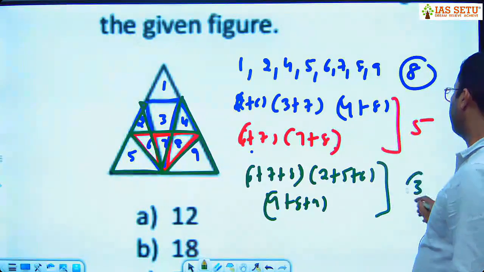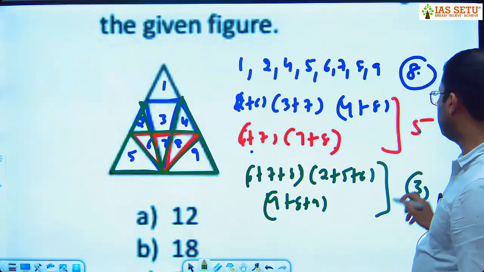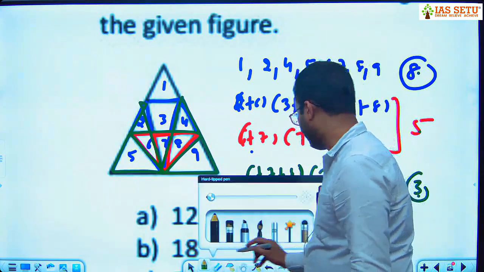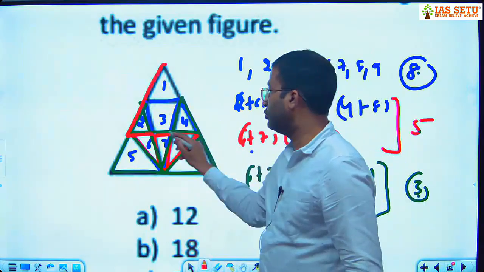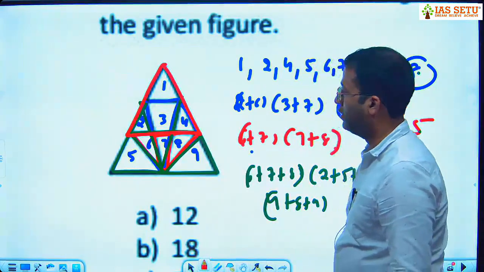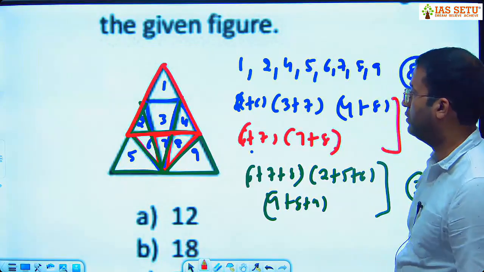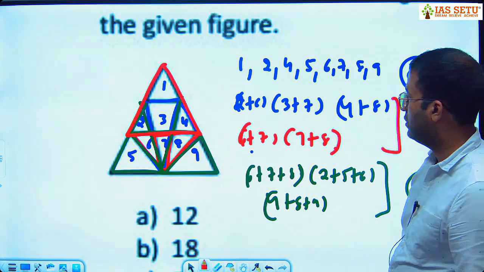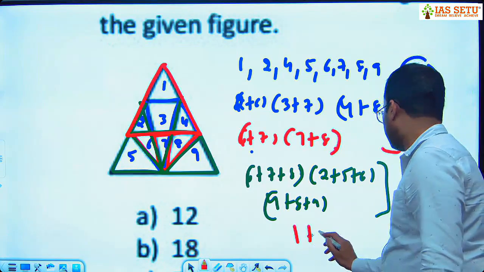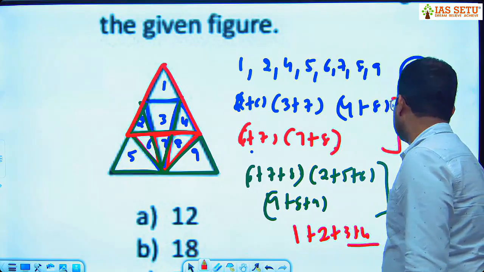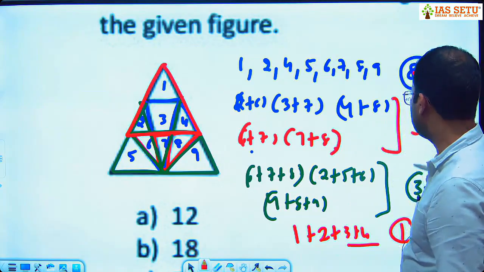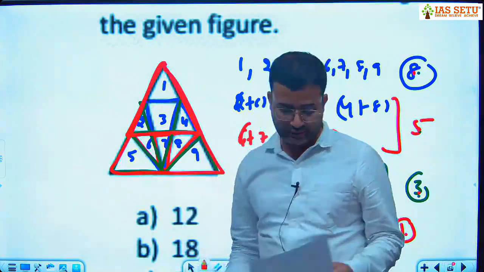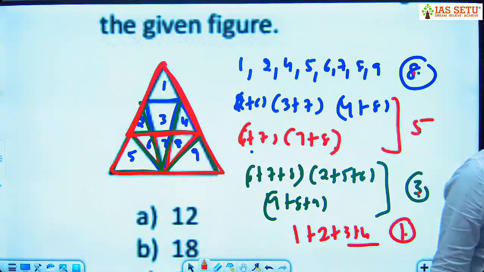There are 3. 8 plus 5 is 13, plus 3 is 16. 4 numbers at a time, 1 2 3 4. ठीक है, 1 plus 2 plus 3 plus 4. 8 plus 5 is 13, 16, 17. The largest triangle 18. सबसे बड़ी triangle 18.